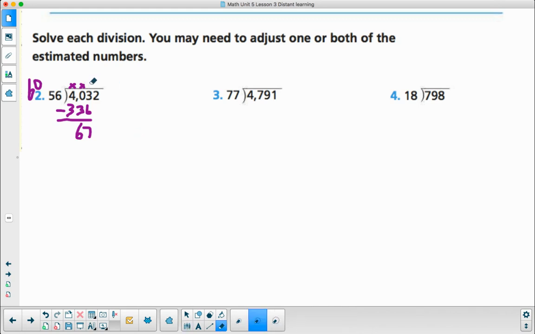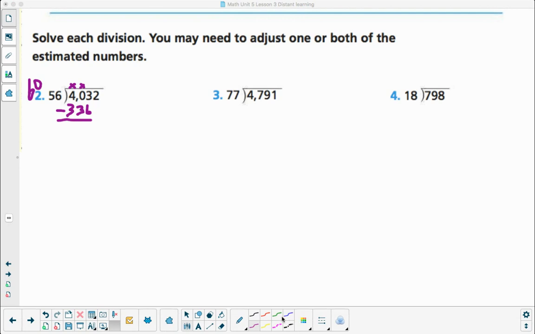So I'm going to erase my 6 and erase my 67 and adjust up 1 to 7. 7 multiplied by 6 is 42. 7 multiplied by 5 is 35, plus the 4.